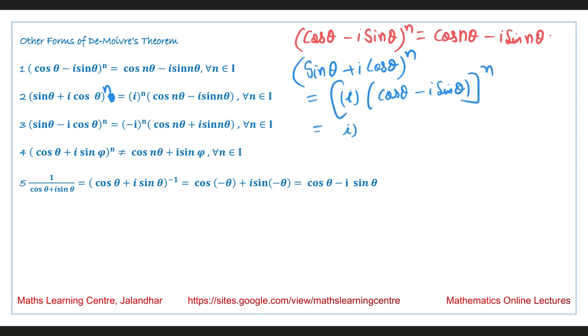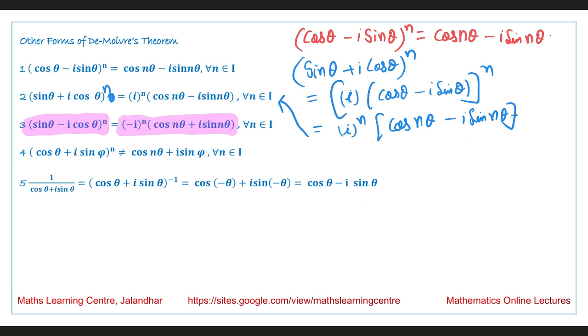This is equal to i raised to the power n into (cos n theta - i sin n theta). This is our second result. Similarly, the third result is (sin theta - i cos theta) raised to the power n, and the answer will be in this form.